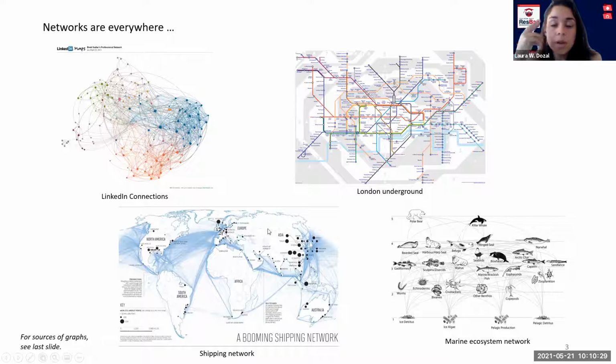Shipping networks, so trade and economy have been really popular topics in network theory. And also ecosystems, so marine life, animal life ecosystems are also popular in how different animals interact with each other. Essentially we're looking at how specific actors within a network interact with each other and how those relations work.